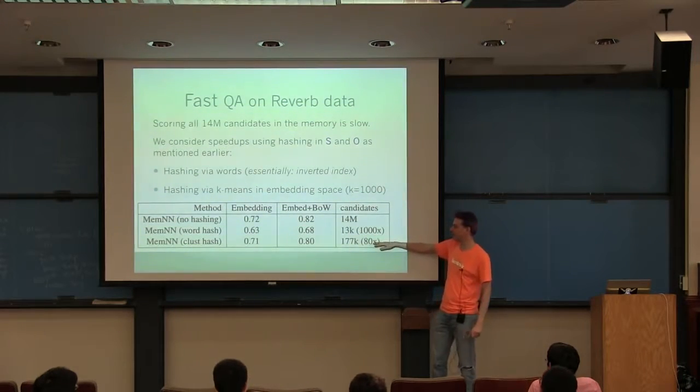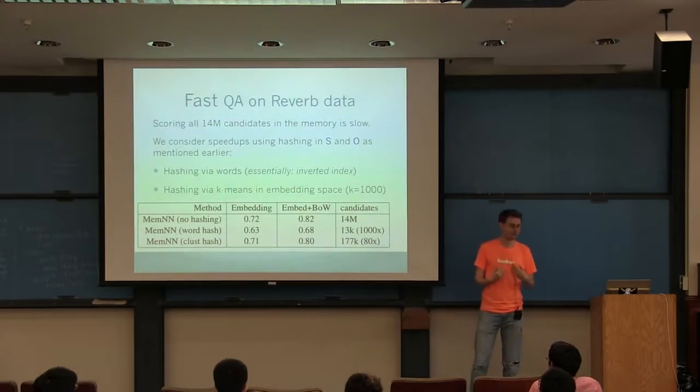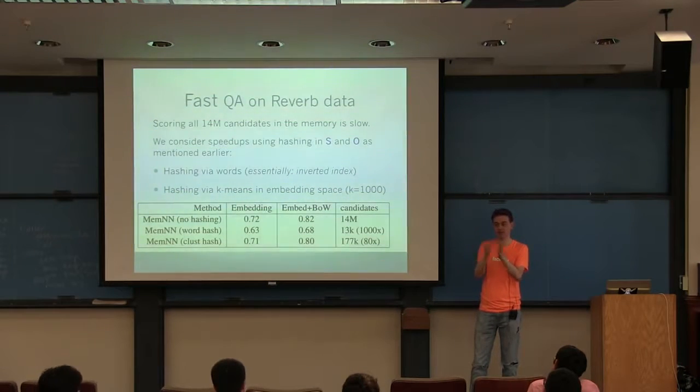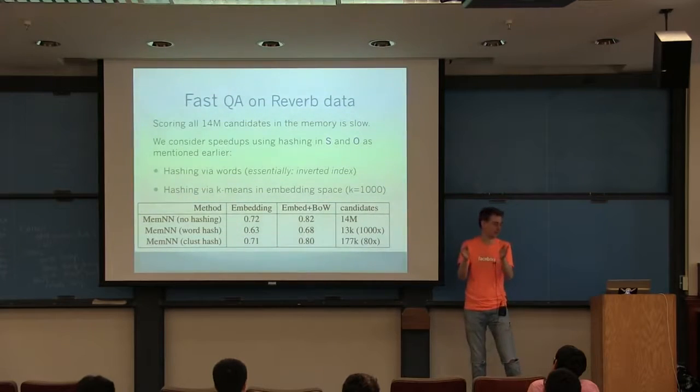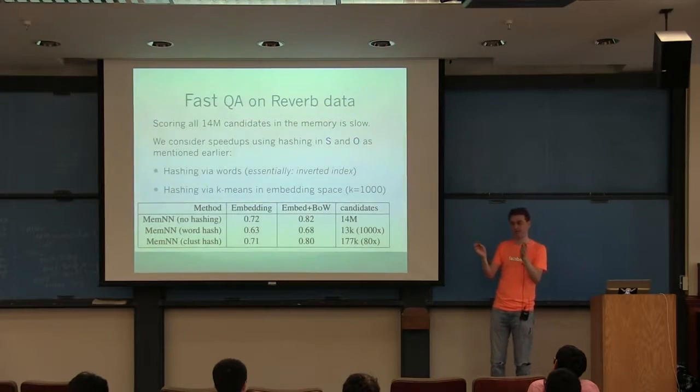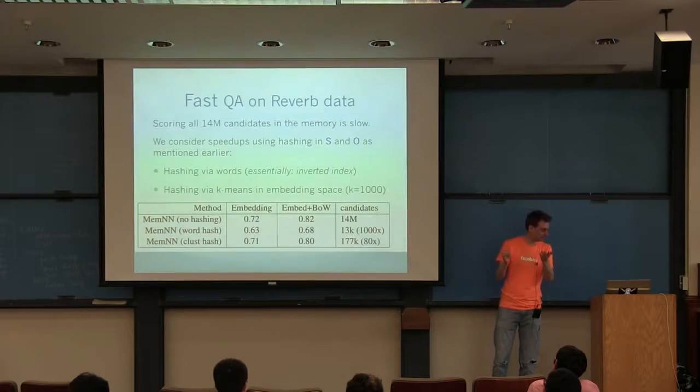And then we have another way of hashing instead. We took the embedding space, the word embeddings that we learn, and we run k-means in that embedding space, the 128 dimensional embedding space, with 1,000 clusters.